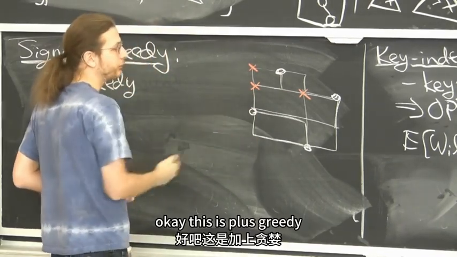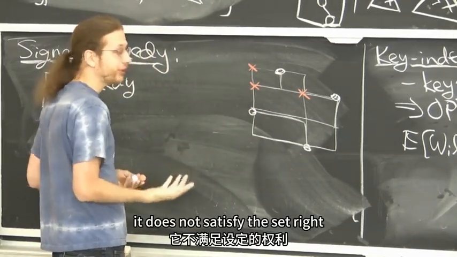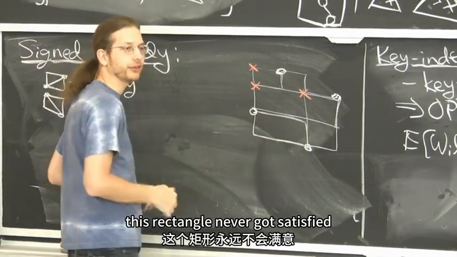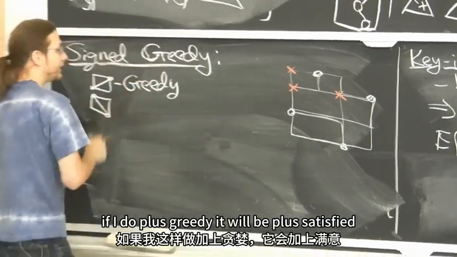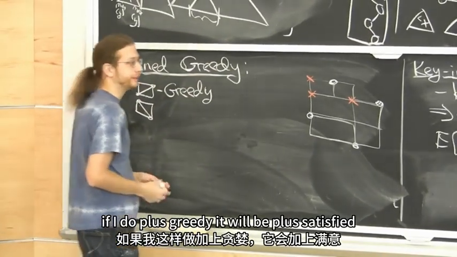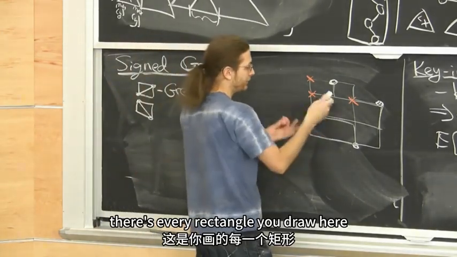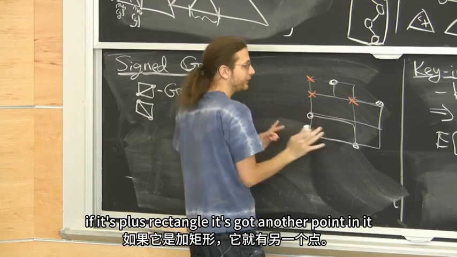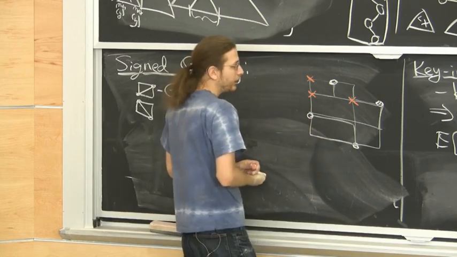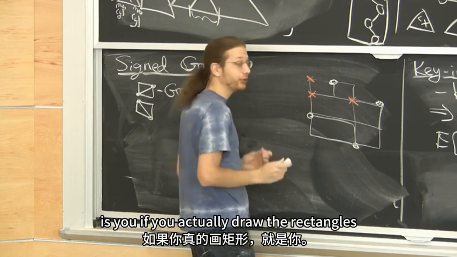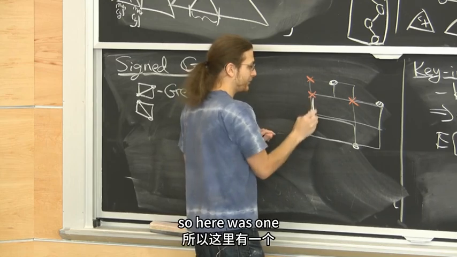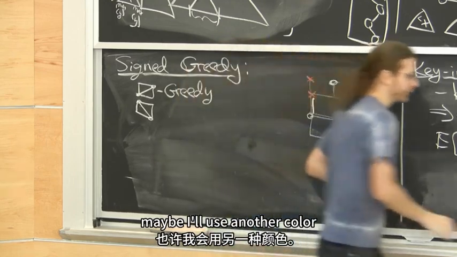Okay, this is plus greedy. It does not satisfy the set, right? This rectangle never got satisfied. But it plus satisfies the set. If I do plus greedy, it will be plus satisfied. Every rectangle you draw here, if it's a plus rectangle, it's got another point in it. What's kind of nice also is if you actually draw the rectangles you were satisfying. So here was one, maybe I'll use another color.